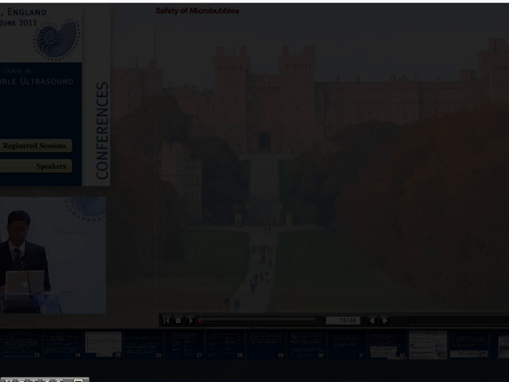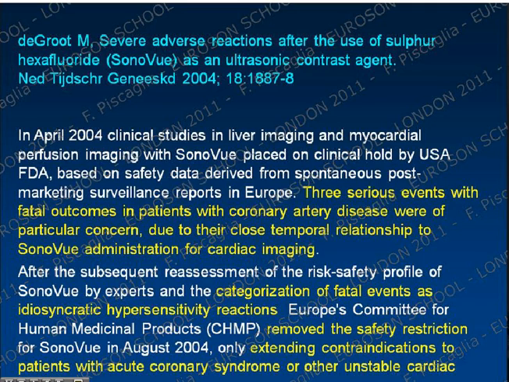After the subsequent reassessment that was decided and carried out about the risk-safety profile, it was established that the fatal events were related to idiosyncratic hypersensitivity reactions to the contrast agents, and therefore there was no toxic damage on any organ, so there was no direct relationship between the injection of SonoView and any damage in any organ, but these were only general allergic reactions that might occur with any substance, any drug, even with food.